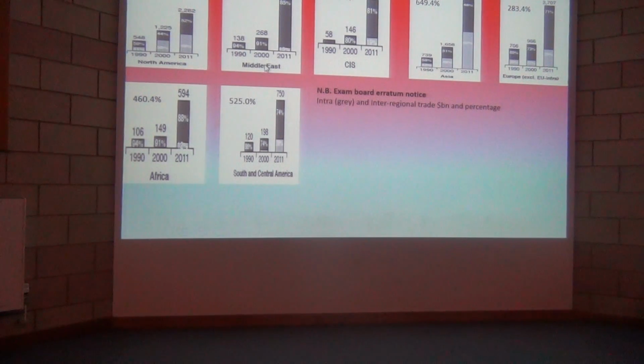The first thing to note, I think, is the scale of the data. They are not the same scale, because if you look here at the Middle East, where we've got intra-regional trade shown in grey, well, in the Middle East in 2015, that very small grey slither is worth 15% of total trade for the Middle East.